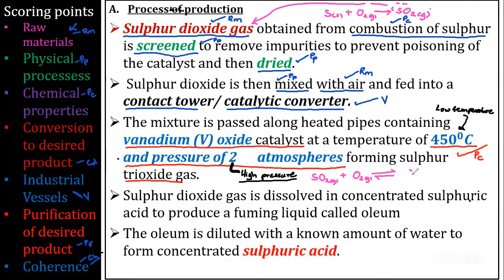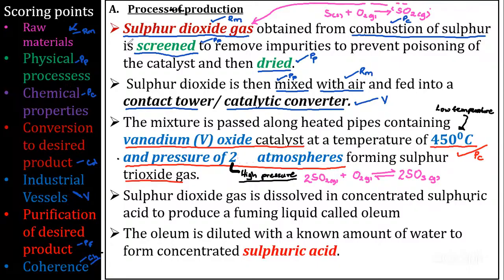Then we get another gas known as sulfur trioxide, which is SO3 in gaseous form. So we multiply sulfur trioxide by 2, and sulfur dioxide will also be multiplied by 2 in order to balance the equation.